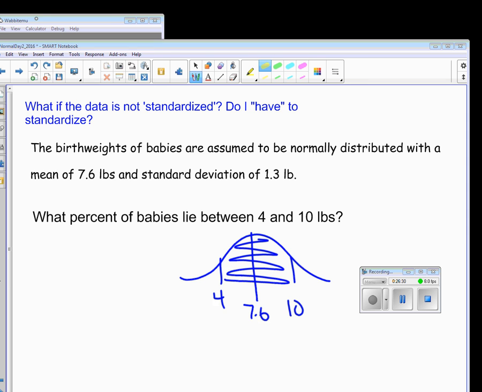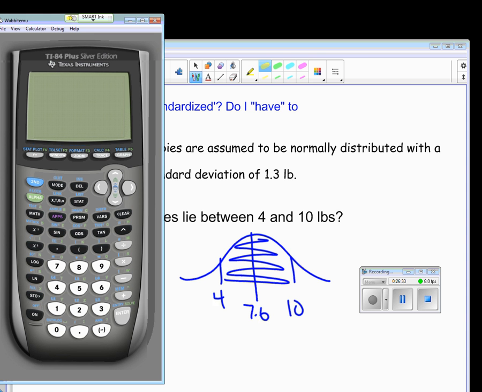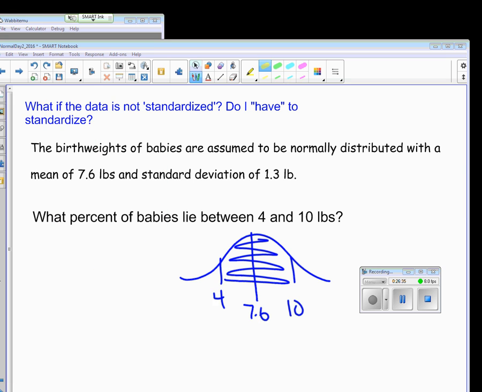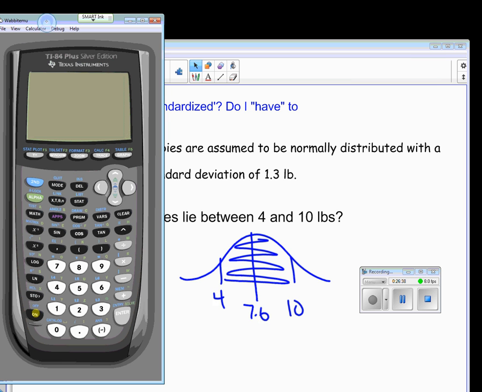If I go to the calculator and I go to normal CDF, couldn't I just type in 4, 10, and then put in the mean and standard deviation? Put in the 7.6 and the, what was it, 1.3?